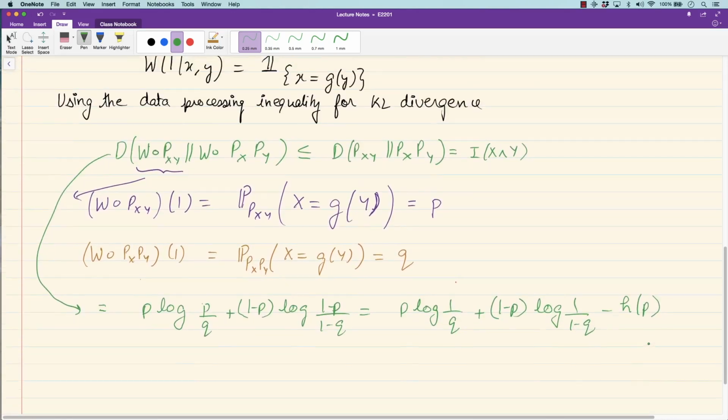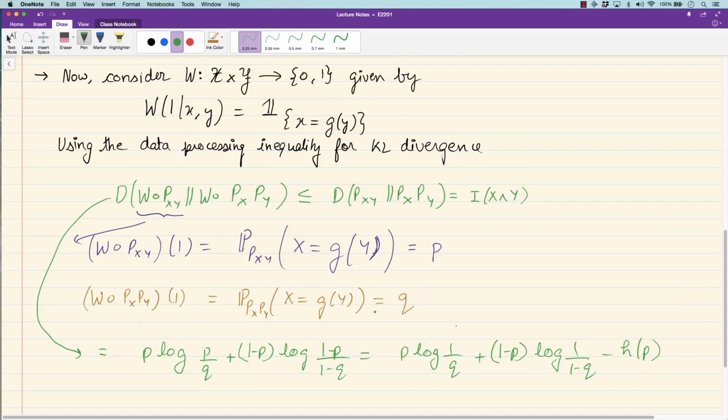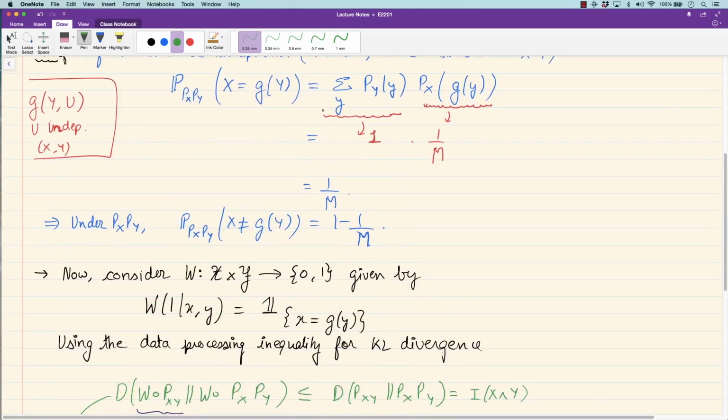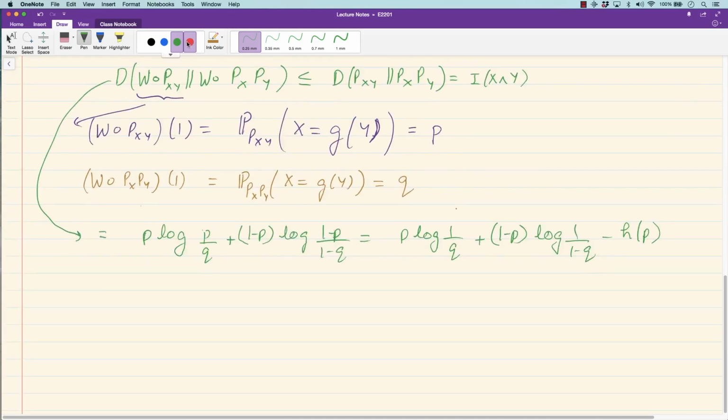Okay. In fact, we already saw that under this useless distribution, this independent distribution, this q is just 1 by m, the probability of correctly guessing. So we'll substitute that value now. So this is equal to p log, we'll substitute it here, 1 by m, that's m, plus 1 minus p log m by m minus 1 and minus hp.